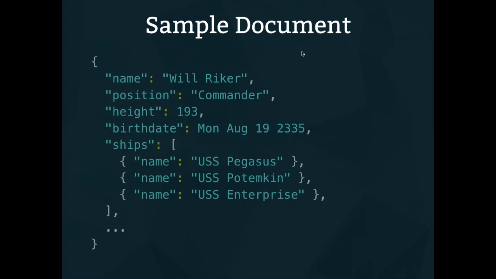We have made a few minor augmentations here. You can see that in the birth date field, there's an actual date, so we support dates as a native type. But aside from a few things like that, the types are all standard JSON types. In addition to dates, we also have a special type for geospatial things like a point.